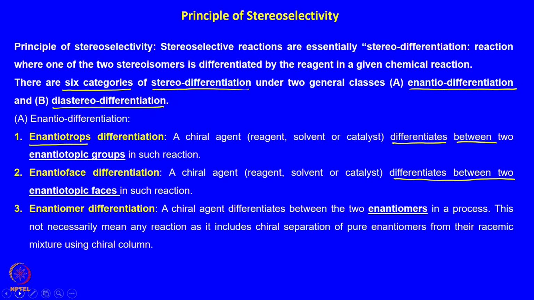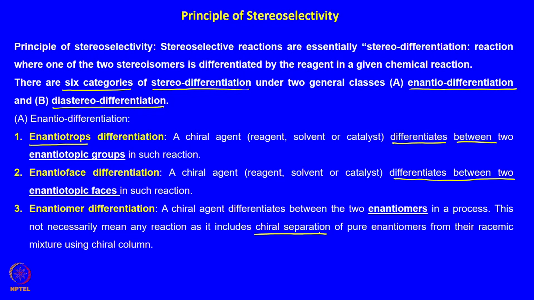The third type is the enantiomer differentiation. Here, a chiral reagent differentiates between the 2 enantiomers in the process, and this process is not necessarily a chemical reaction, as it includes chiral separation of pure enantiomers from their racemic mixture using a chiral column.